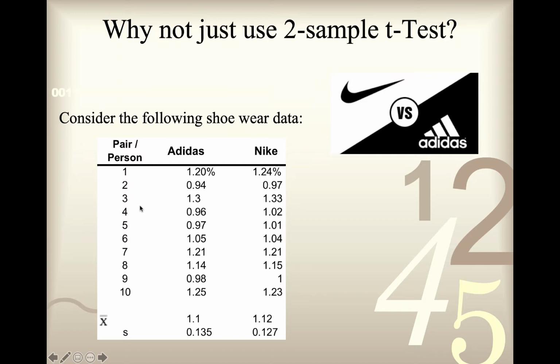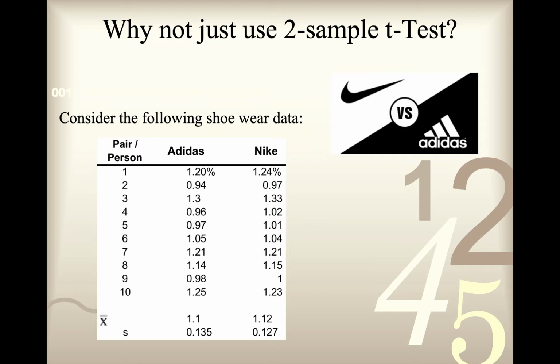So think about this: if you want to test if Adidas and Nike have the same shoe wear, do you really want to test the difference also between how different people wear those shoes? The answer is no. You just want to isolate, for a person, whether the Adidas and Nike differ.